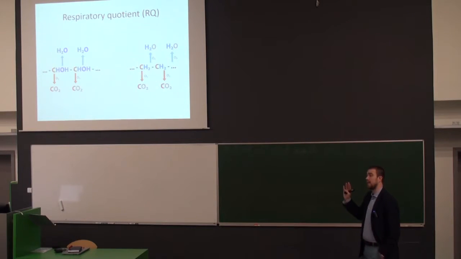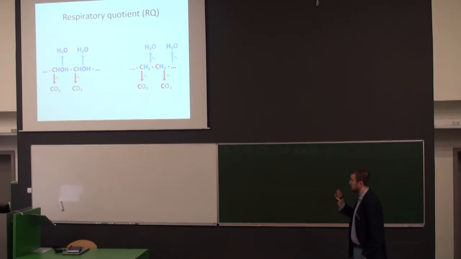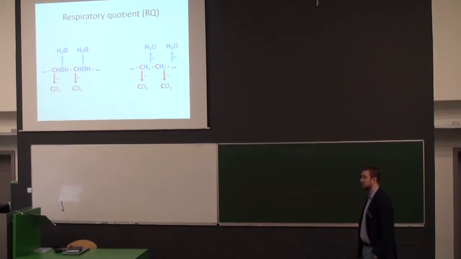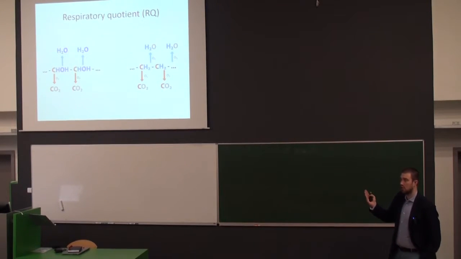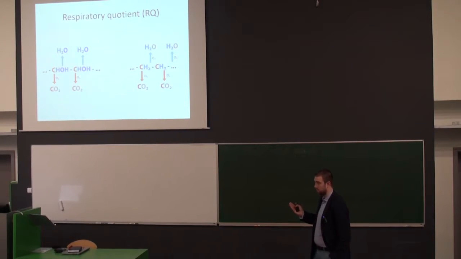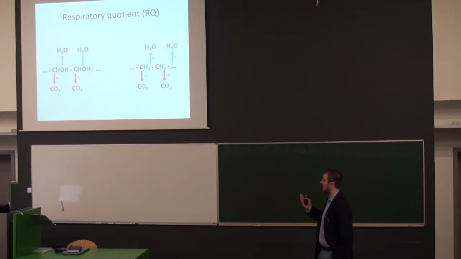For lipids, the situation is more complicated. Here we look at a part of the molecule of a fatty acid. And as you know, typically the fatty acids have a long carbon chain, where you have only carbon and hydrogen. Sometimes you have there a double bond. And at the very beginning, you have the carboxy group.